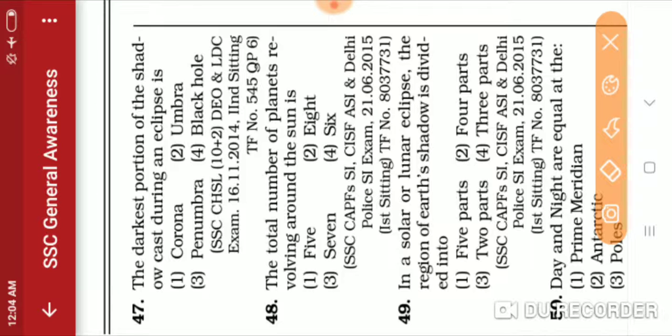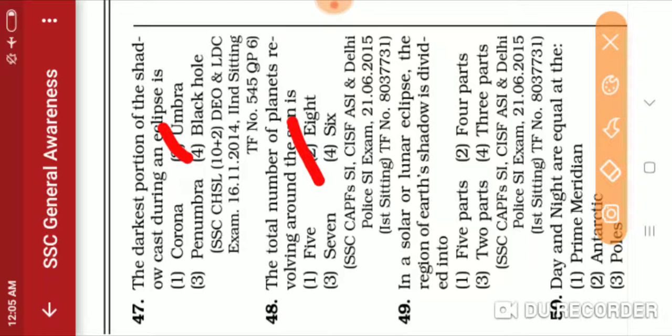Okay. Next question is that the darkest portion of the shadow cast during the eclipse is, so darkest, always remember, the darkest portion is umbra only, and penumbra is a little lighter, and the darkest is the umbra. The total number of planets revolving around the sun is 8 planets. Now next question.